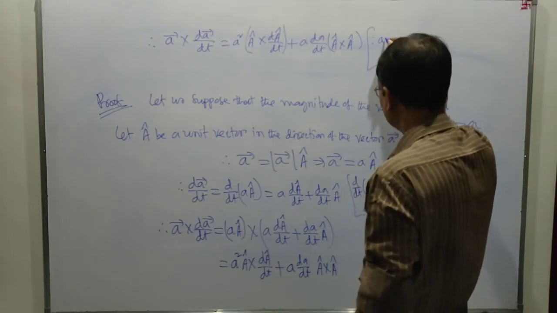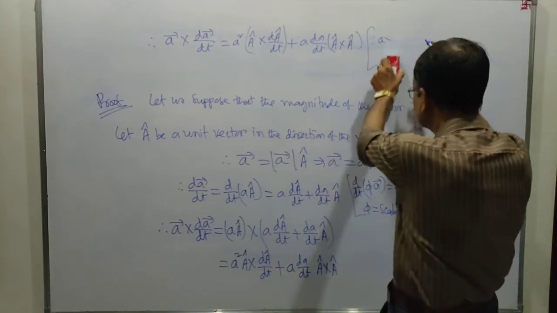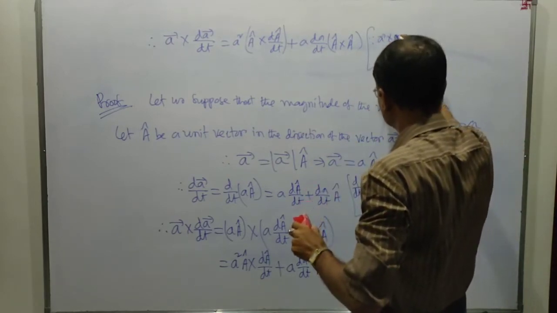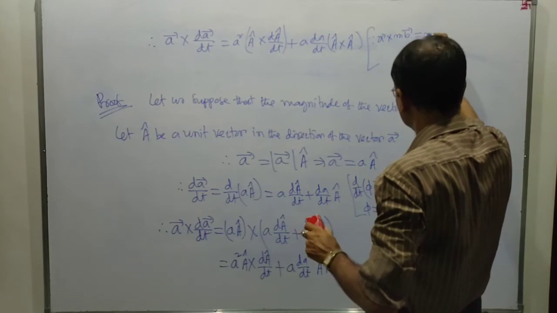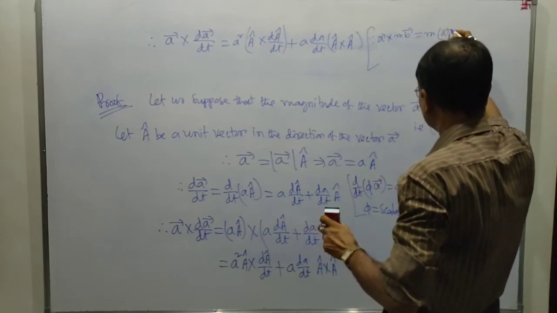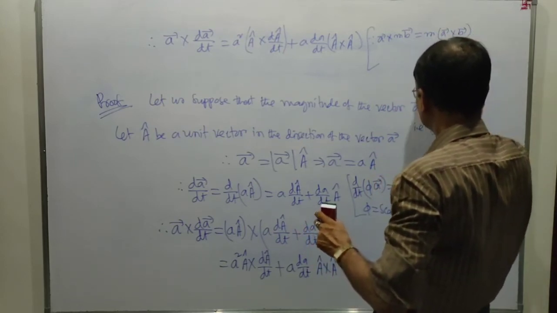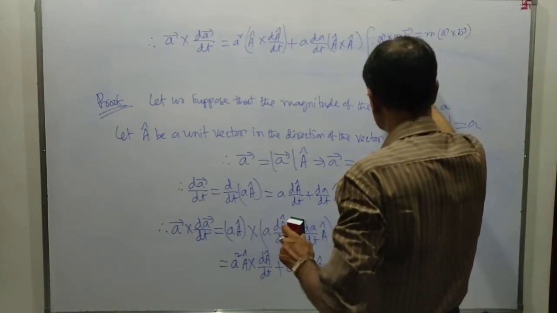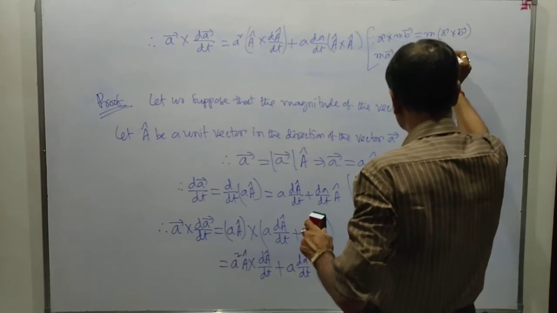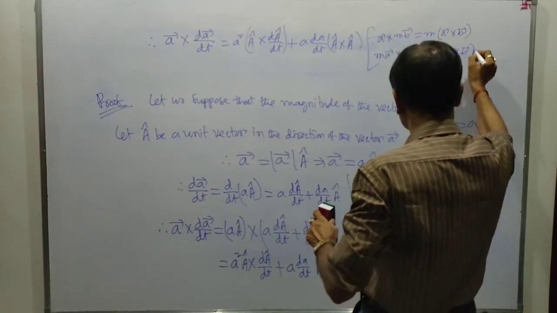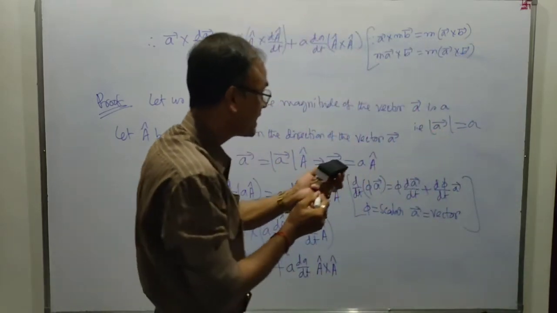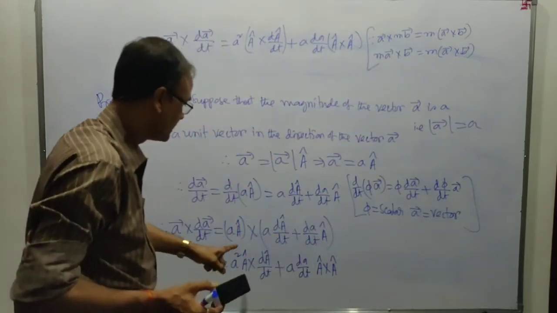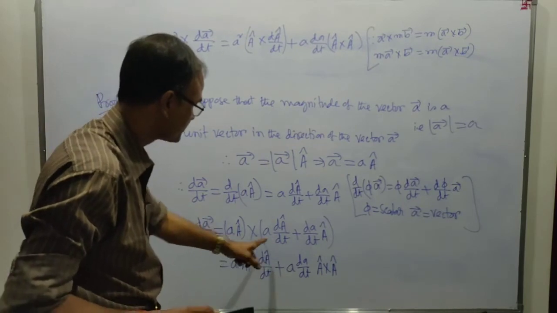Since m A vector cross B vector equals m times A cross B, and also A vector cross m B vector equals m times A cross B, here m is a scalar. In vector algebra you get this one, this cross this.